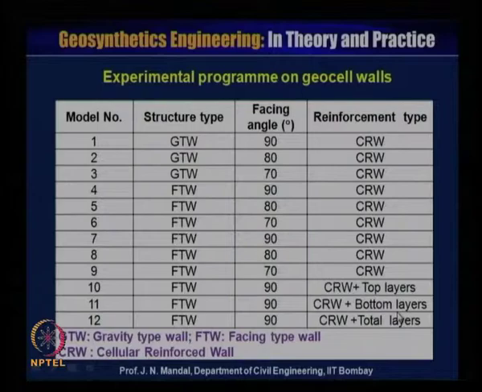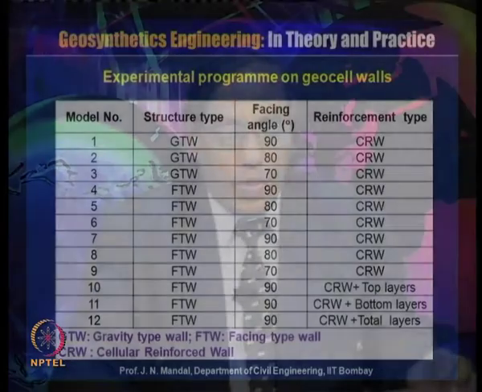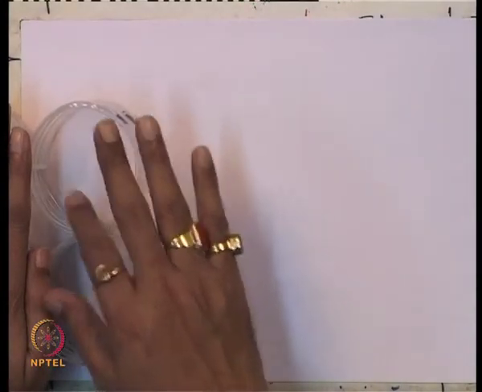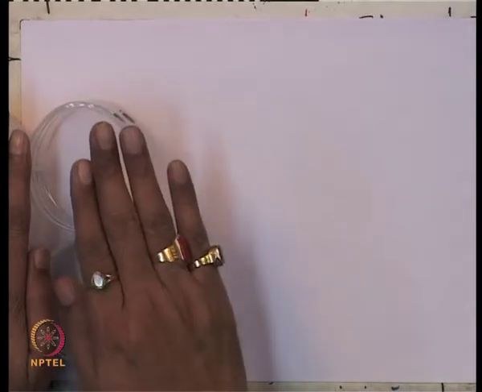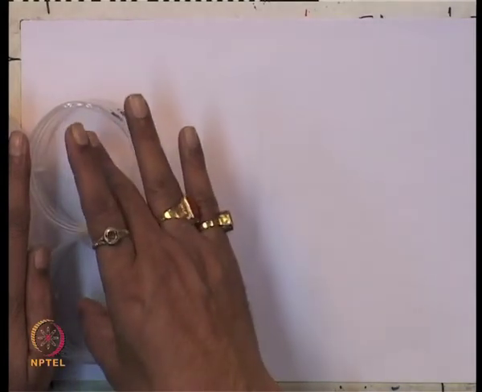What I want to mean is that if this is the facing and this is the cellular reinforcement, you can construct the gravity wall only with this cellular kind of reinforcement.